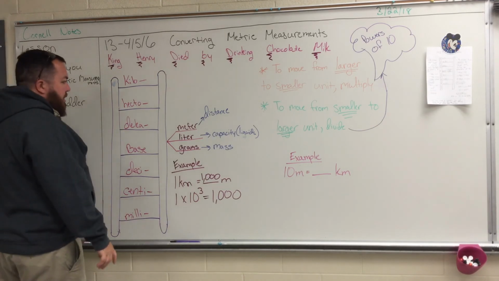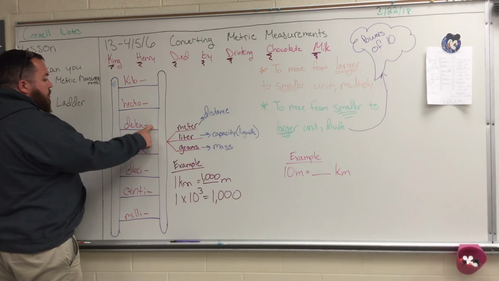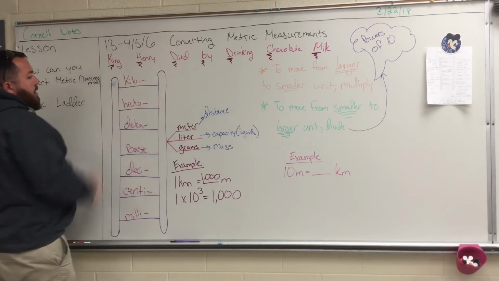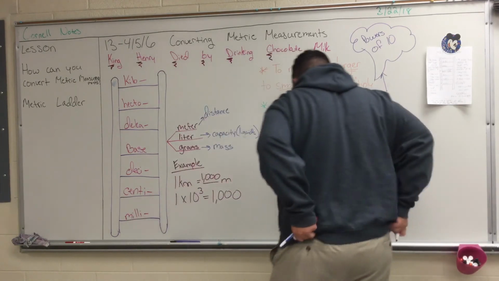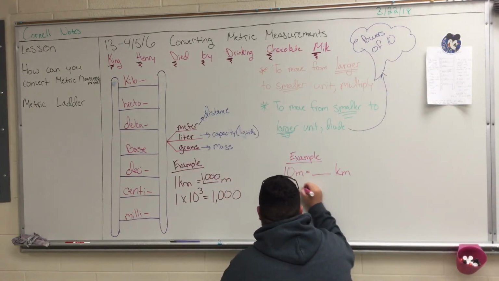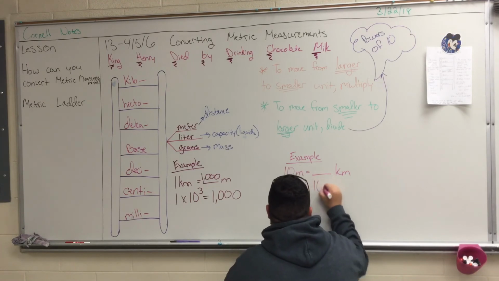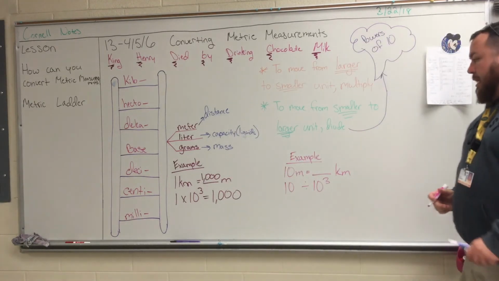And let's look over here. If we're at our base, which is a meter, we need to go up 1, 2, 3. So we're gonna do 10 divided by 10 to the third power. I hope we can see that, okay?